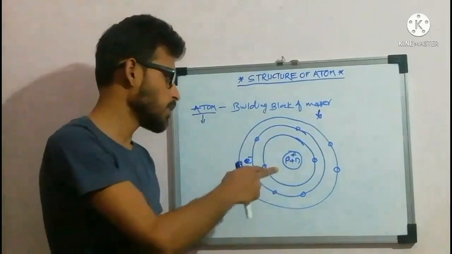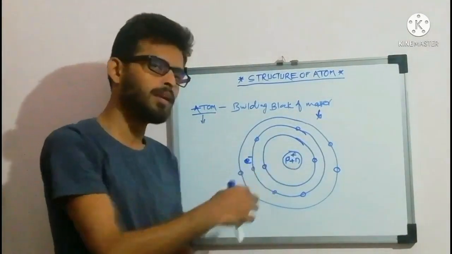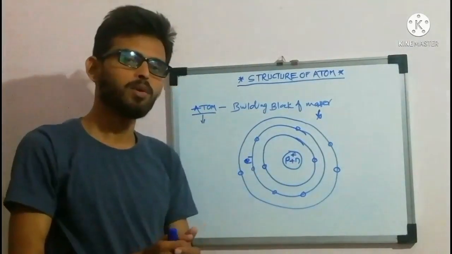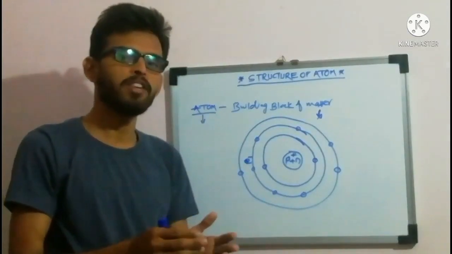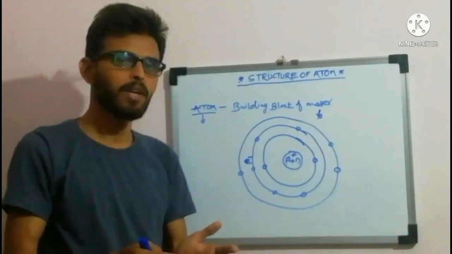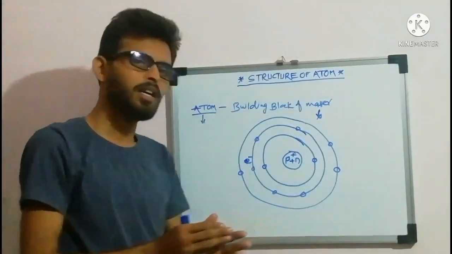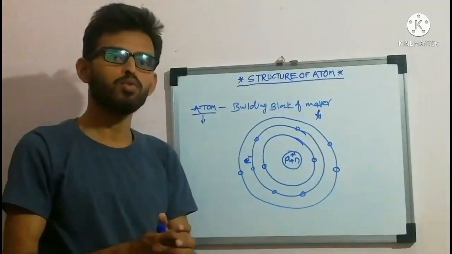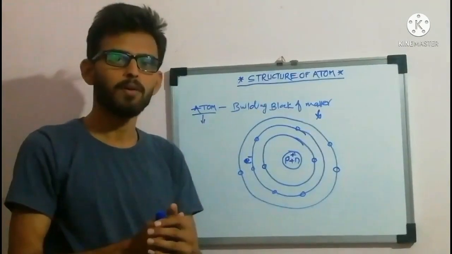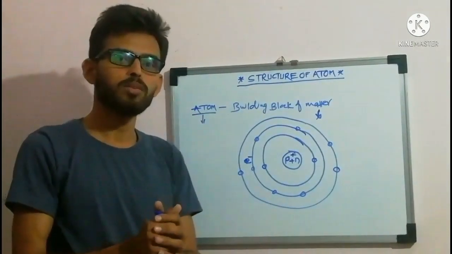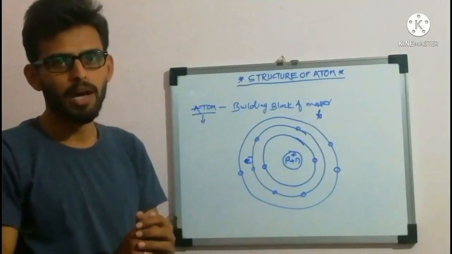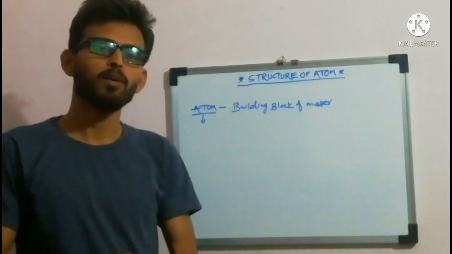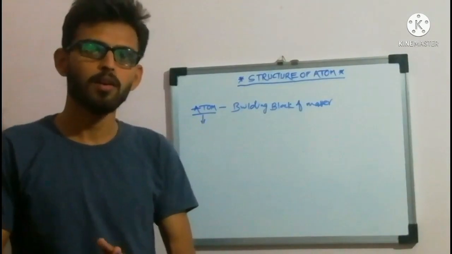If another proton comes in contact with a proton, it will repel and there will be no stability of the nucleus as well as the atom. So neutrons hold protons together so that the nucleus remains stable.